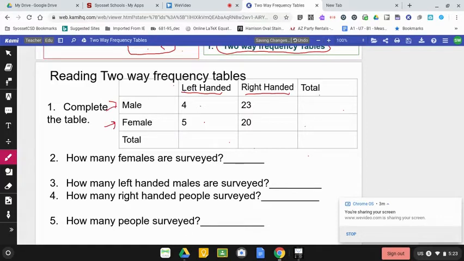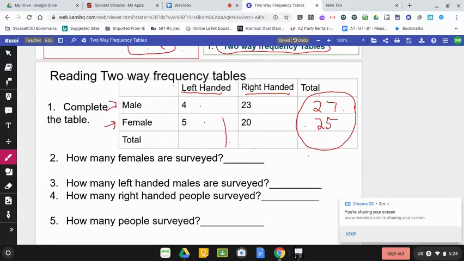So we need to finish the table by finding what's called the marginal frequencies, the totals. So the males, there are 4 left-handed, 23 right-handed. When we add those together, we have 27 total males. 5 and 20, we have 25 total females.